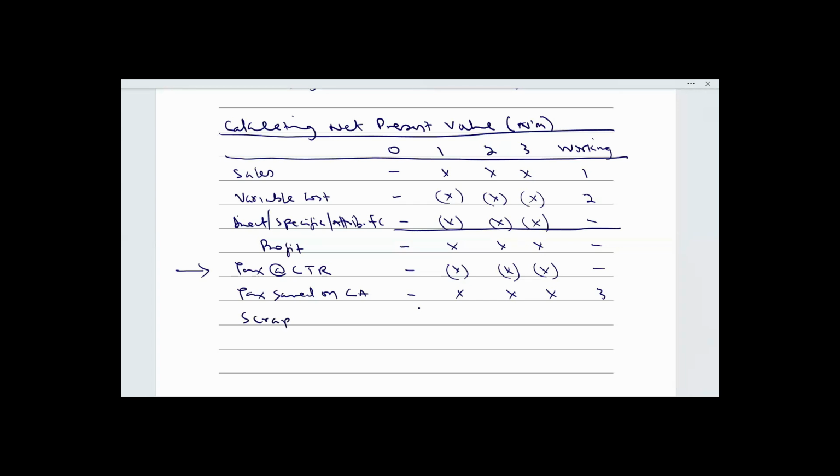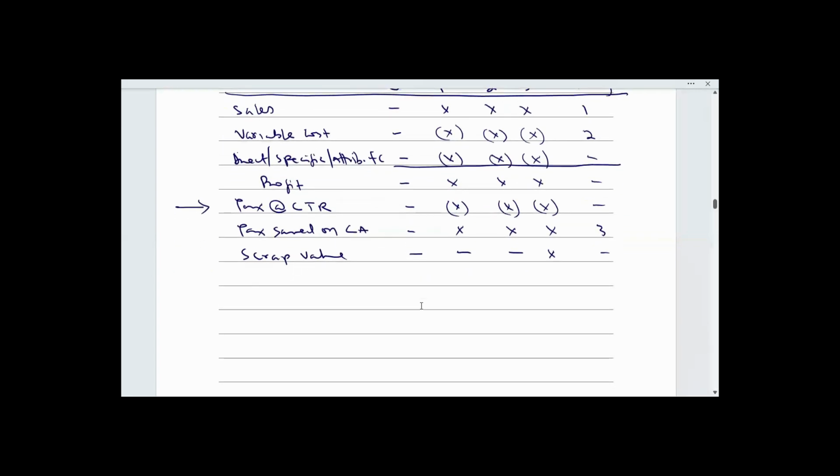You may have scrap value in the question, which will occur at the final year. Then the next item you need to consider will then be the initial outlay, which will occur in year 0.